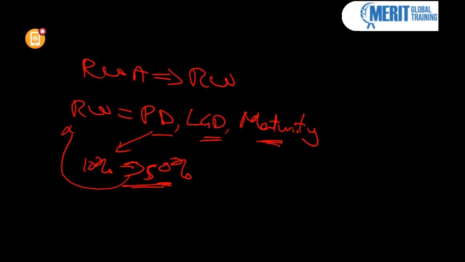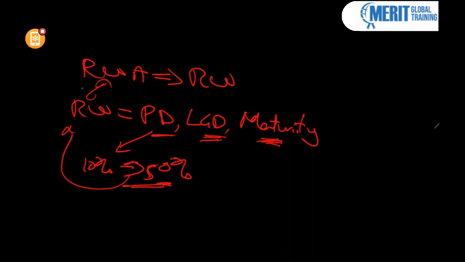So these are the impacts that the LGD, PD, and maturity can have on the risk weight, and in turn on RWA, and in turn on the capital requirements calculations that we do for both informed internal decision making and for regulatory reporting as well.